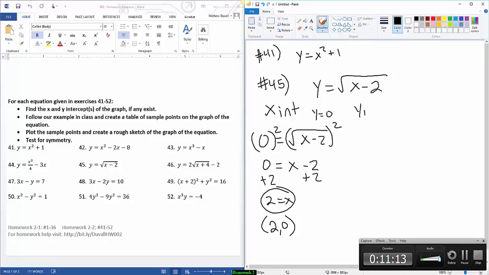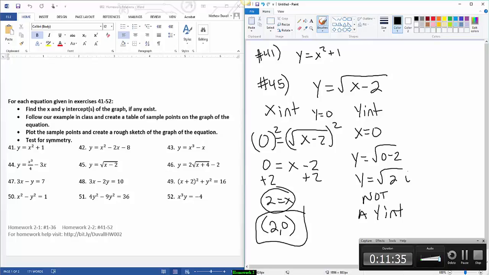Then to find the y-intercept, I have to set x equal to 0. So y equals the square root of 0 minus 2, which is the square root of negative 2, root 2i. That's imaginary, so there's not a y-intercept. So we only have an x-intercept.